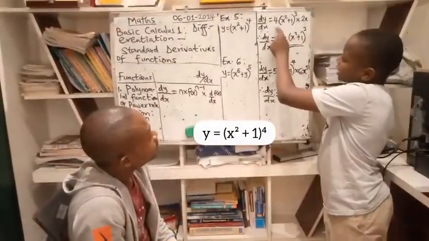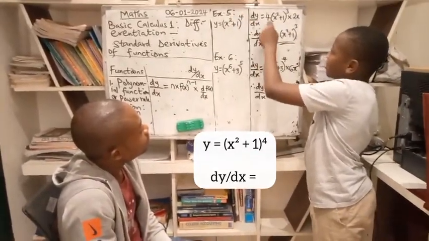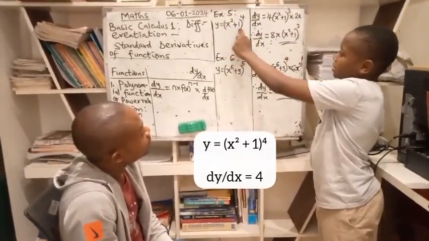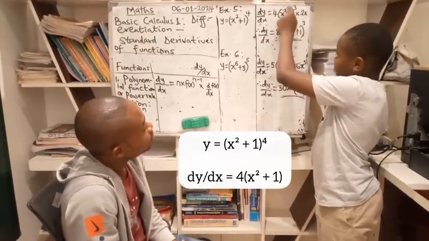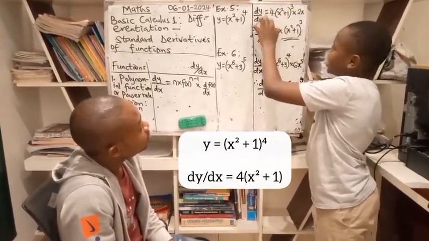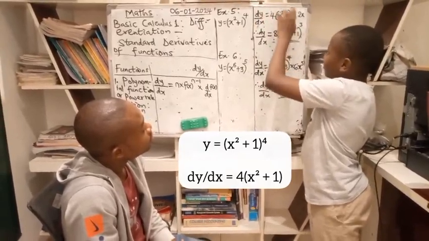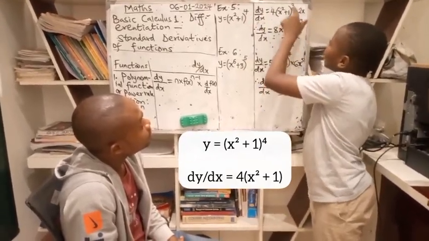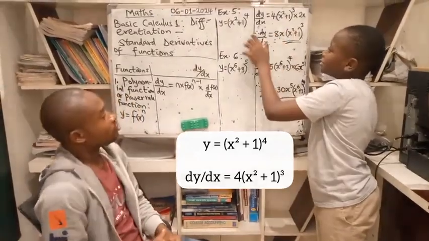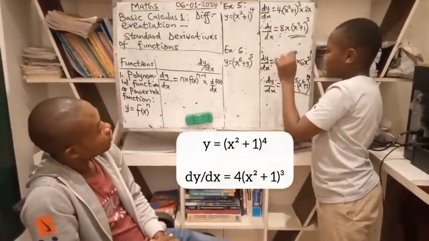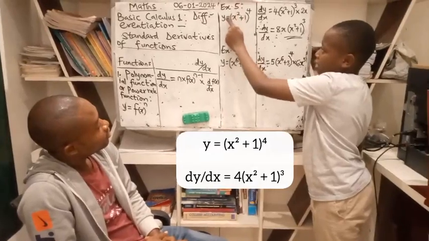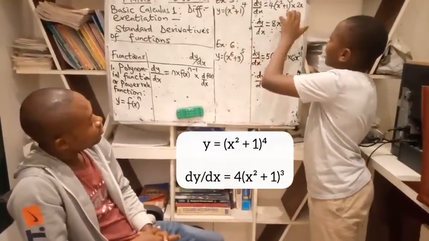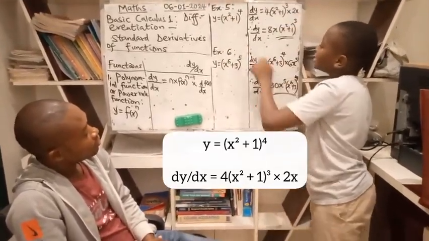So we multiplied the power, which is 4, times the base, which is bracket x raised to the power 2 plus 1 bracket close. Then we subtracted 1 from the power 4 and we got 3. Then we times it by the derivative of x raised to the power 2 and we got 2x.